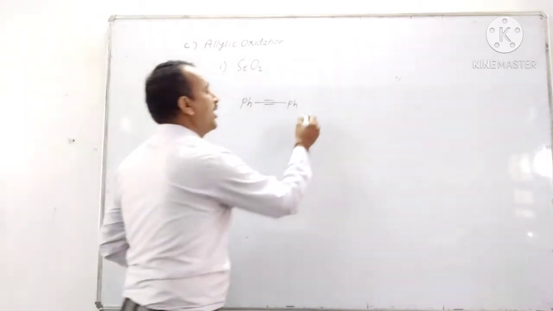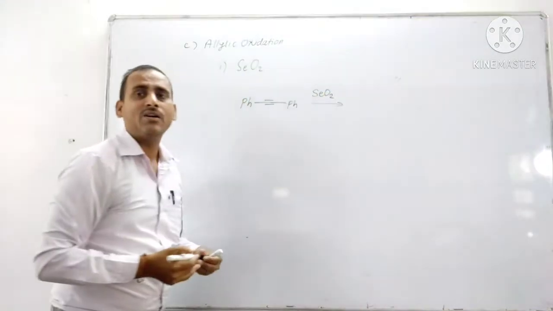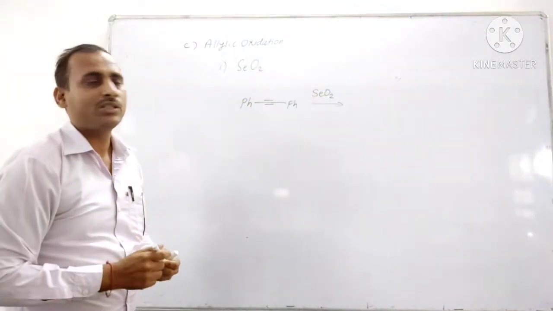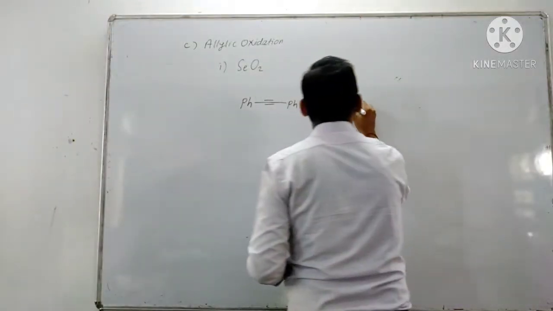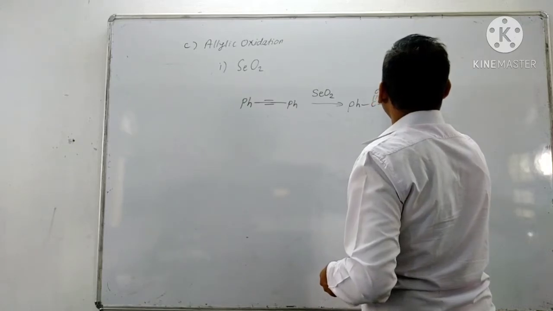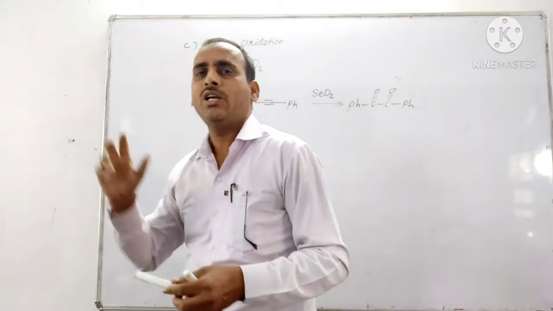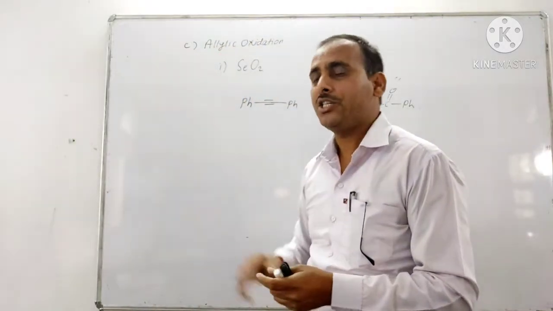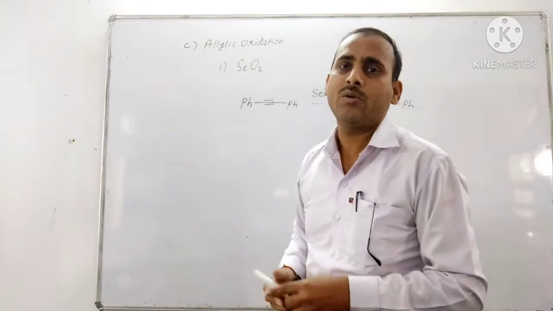On oxidation using SeO2, selenium dioxide, it gets oxidized to the dicarbonyl: Ph, C double bond O, Ph. This type of alkyne undergoes oxidation to form the alpha diketone compound.